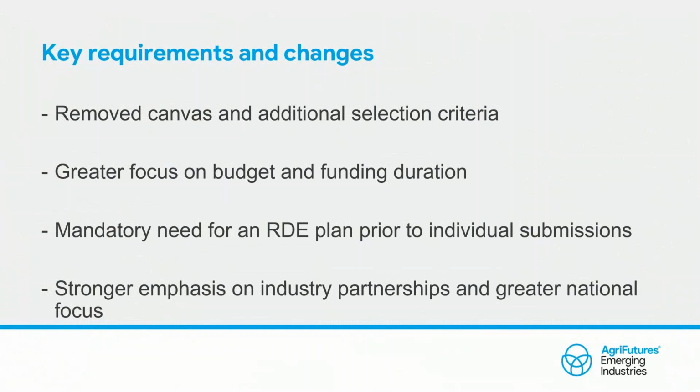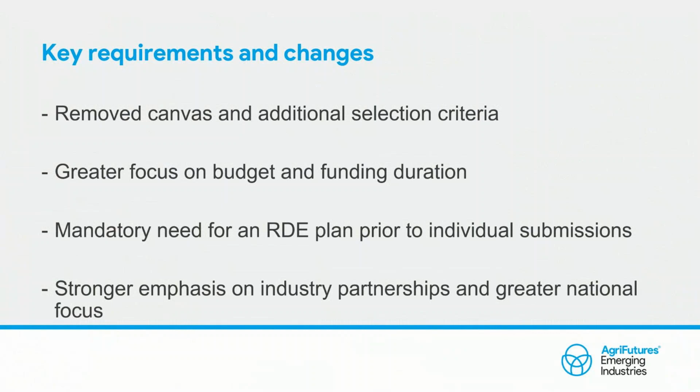What we will now touch on is some of the key requirements and changes from the last round. The first one is really for the people that may have been in previous sessions. We've removed what we called a business model canvas, which was an attachment we required applicants to submit in the past and gave an overview of the industry.